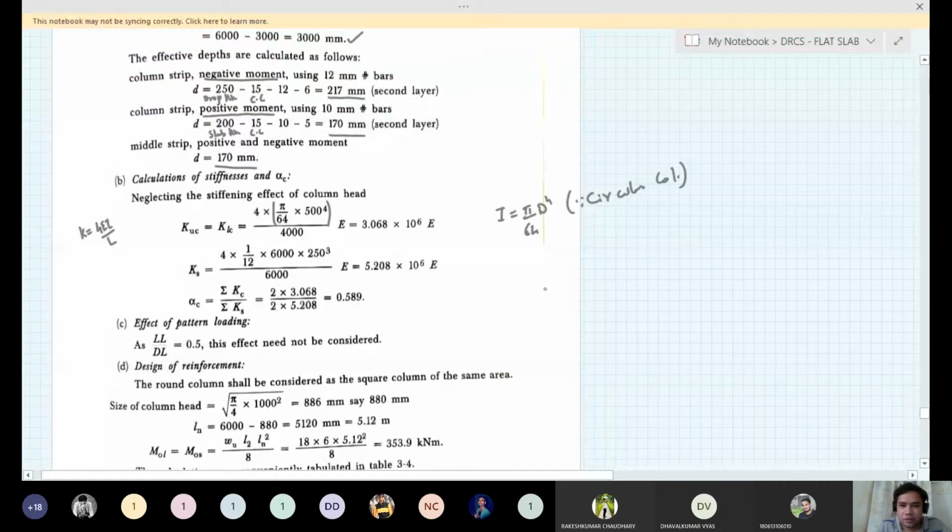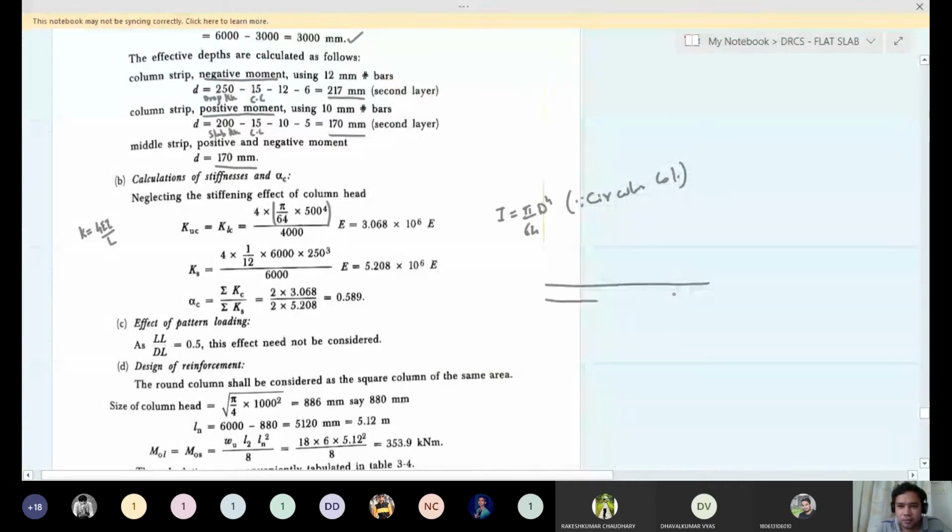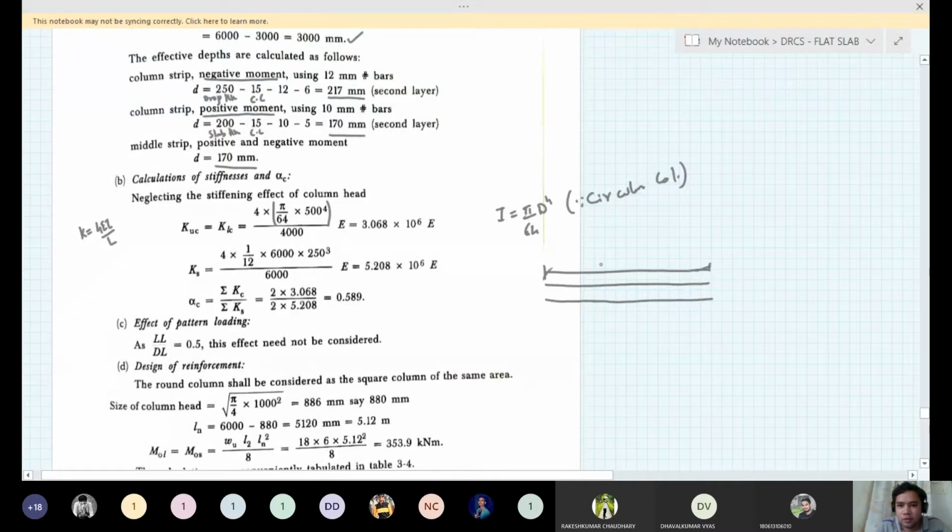So the effective width in resisting is 600 mm, and the thickness is 250 mm. And the length of this is also 6 meter.